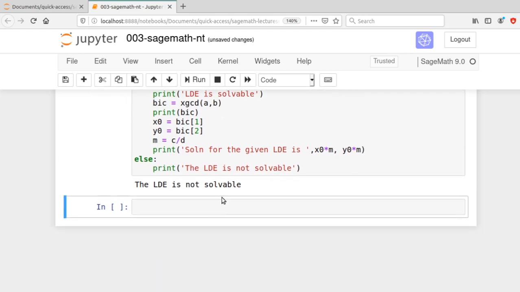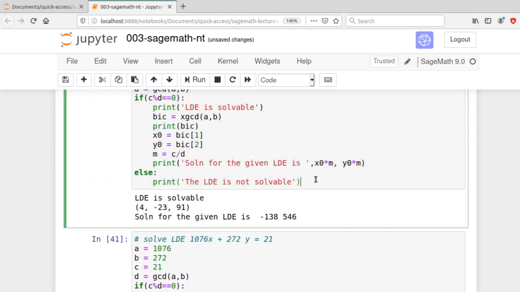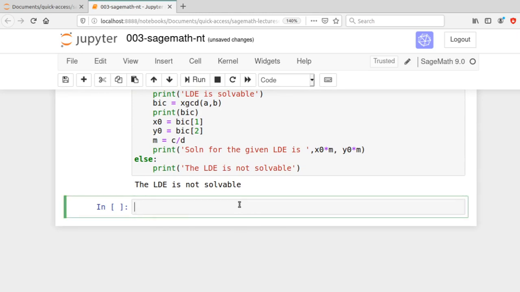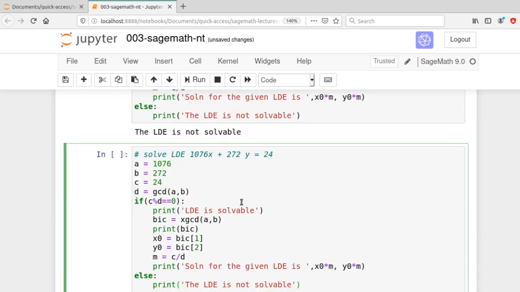Now, how do we find the general solution for this? Let us find the general solution. So we know that the general solution is x naught plus b by d into t and y naught minus a by d into t, where x naught and y naught are a particular solution.